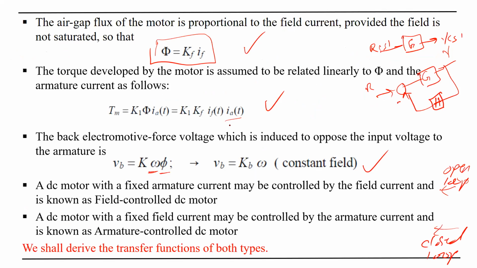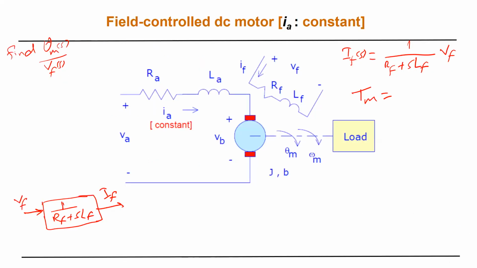Ia is constant, so with the K it will be Km, let me call it another constant, times If. So it's just a gain, pure gain, exactly. Usually in any problem, with the specification of the system, you will be given the value of Km. So Km, and this is Tm.